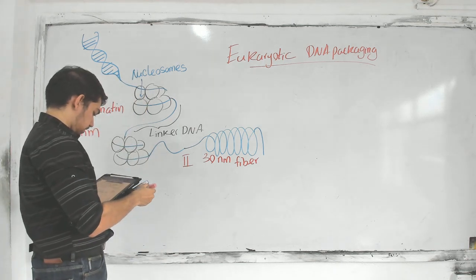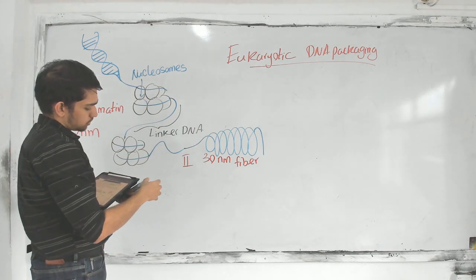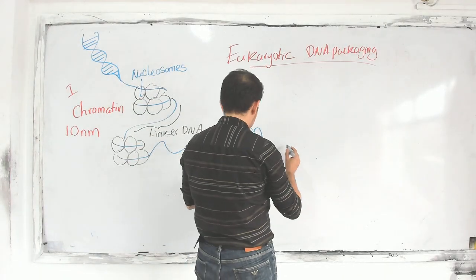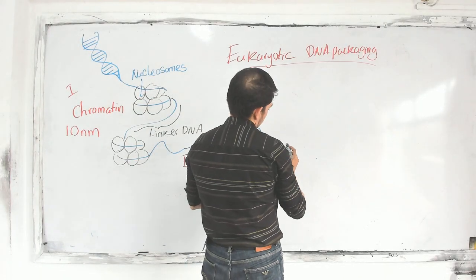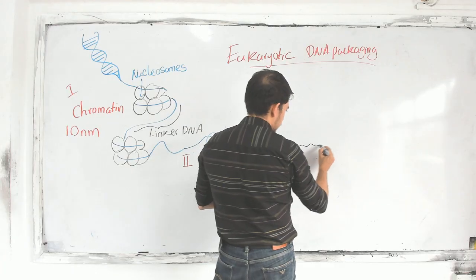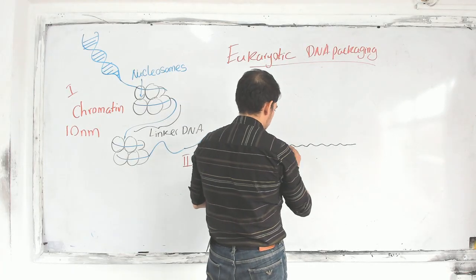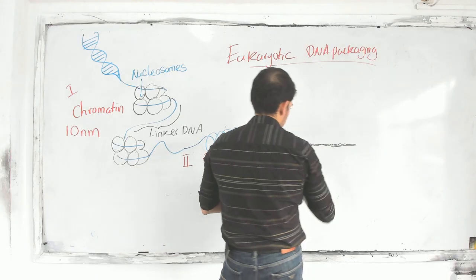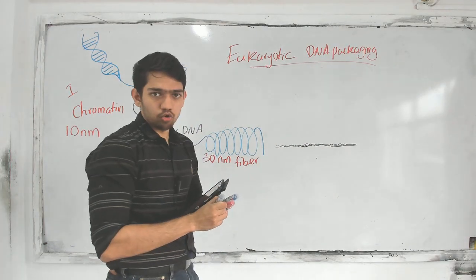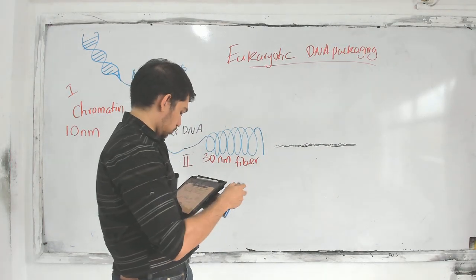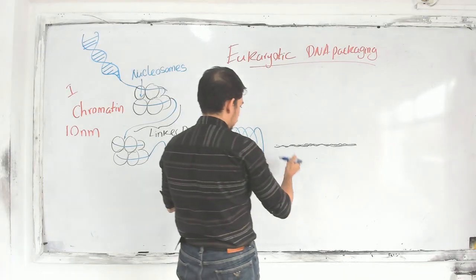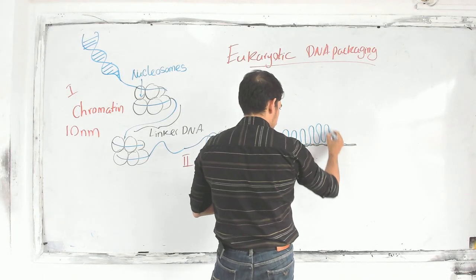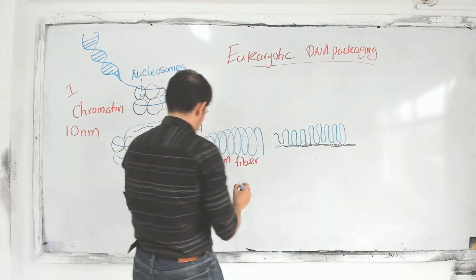Third level, what's going to happen is this fiber is going to be arranged on a protein scaffold. What do you mean by protein scaffold? It's like a supportive structure that is going to act like a basement, like a floor, right? So this 30 nanometer fiber is going to be arranged like this here.